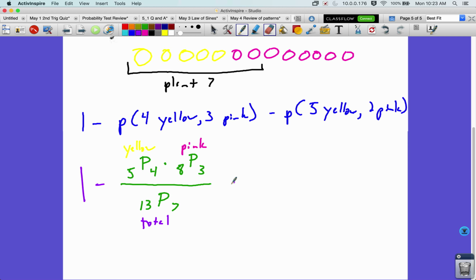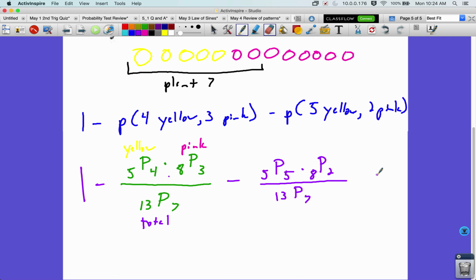So 1 minus that, minus, all right, so how can I pick 5 yellow from 5? There's only one way to do that, but we could do a 5 pick 5 just to keep it consistent. Let me think for a second. Should this be times? Yes, this should be times. So times 8 pick 2 all over 13 pick 7.